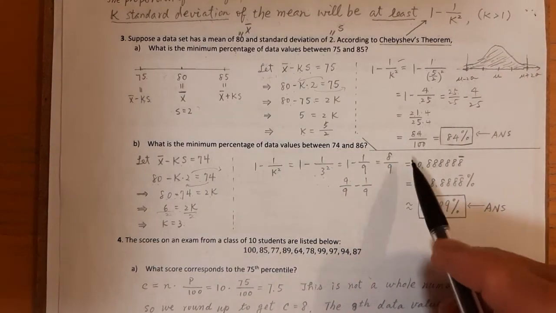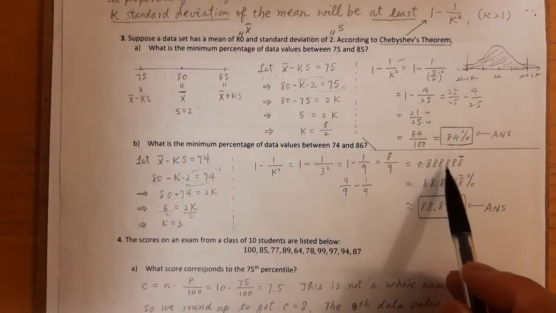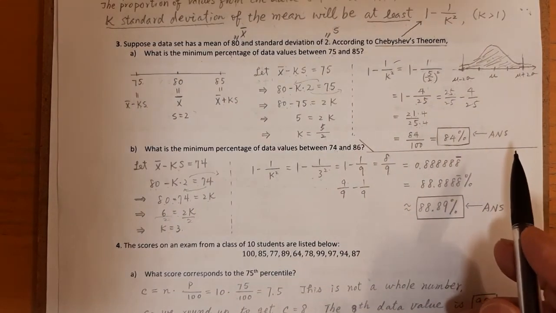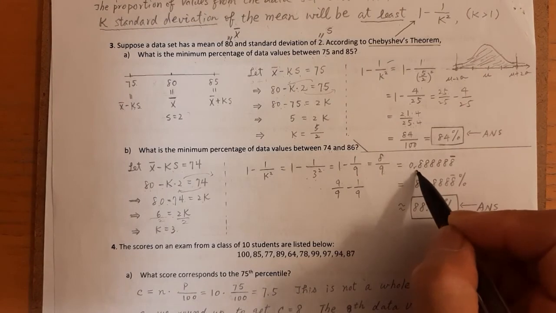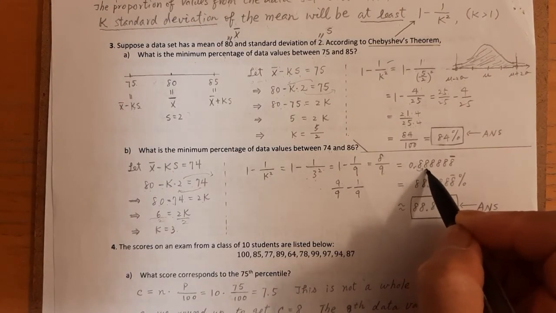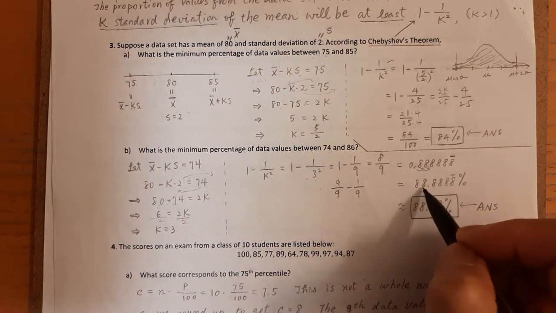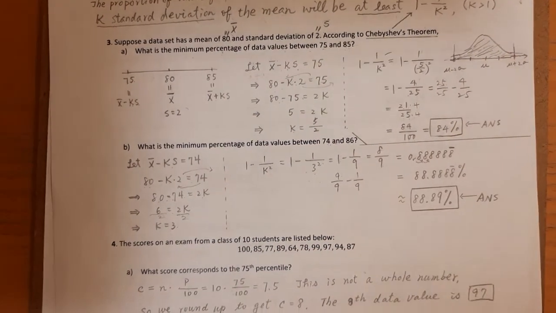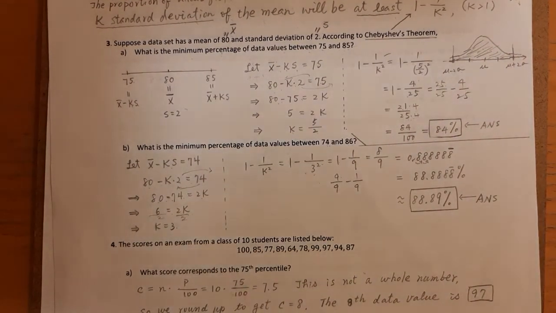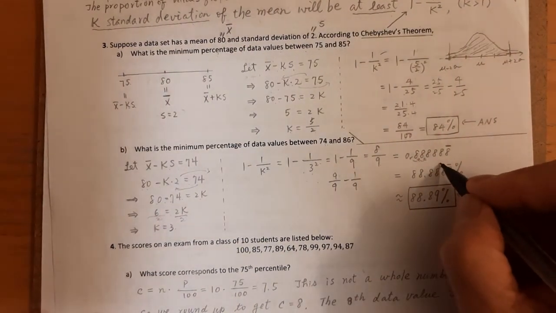8 over 9, use a calculator to divide, it is 0.8888 repeating. And change to percent. Move the decimal point to the right 2 positions. Get 88.8888%. Attach the percent sign. And round it to 2 decimal digits.